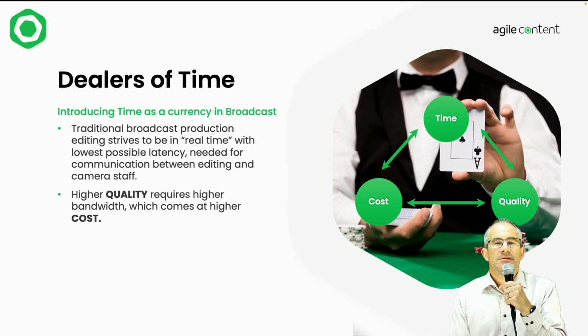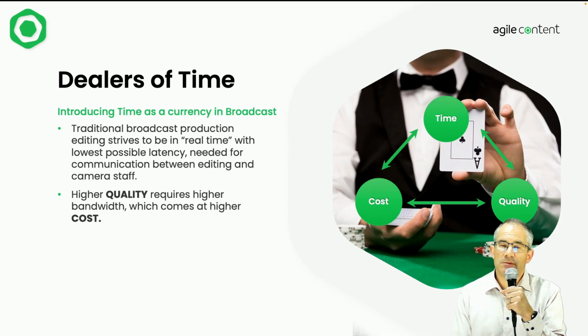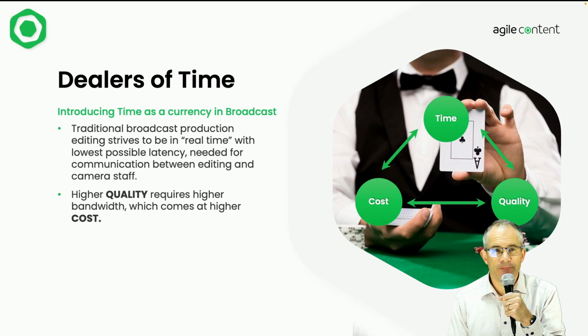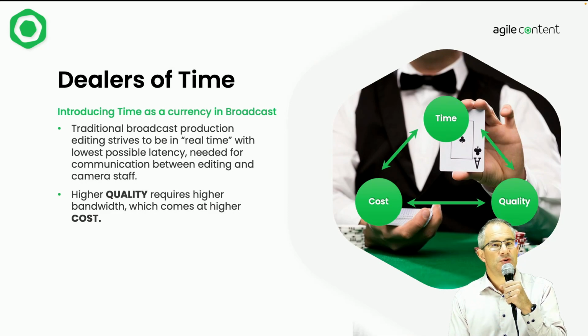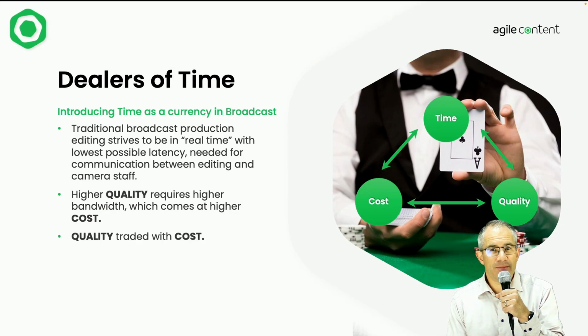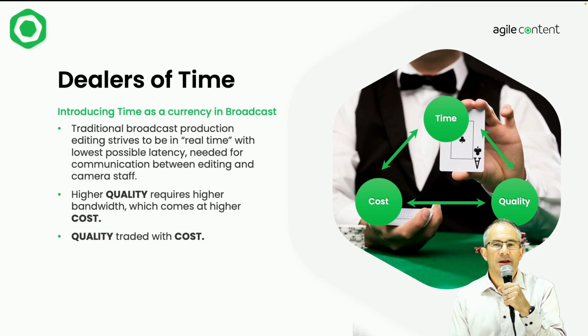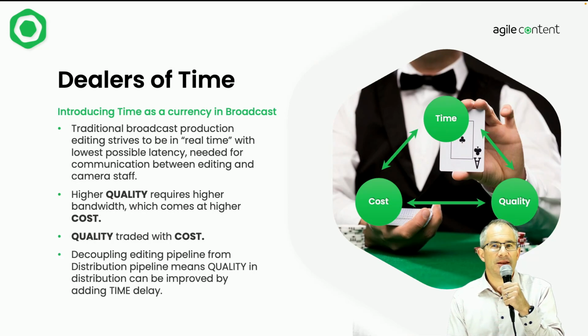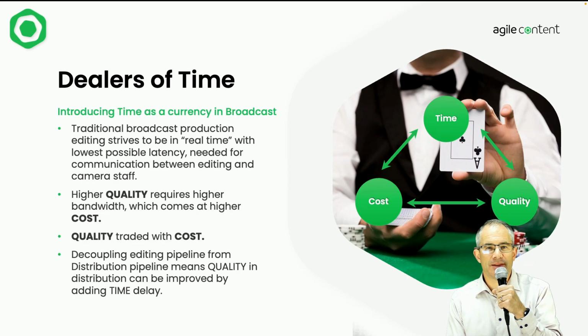So traditionally in broadcast, since we thought that this was a real-time process, the only way to improve quality was by throwing more money at the problem. Now, if you introduce the concept of buying quality with time, you can trade and get higher quality without having to add any additional money, and instead you add some time.